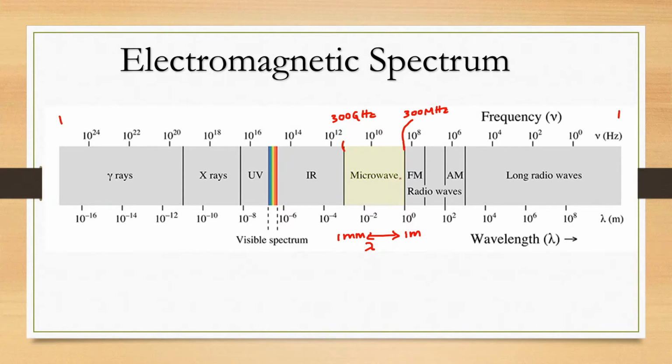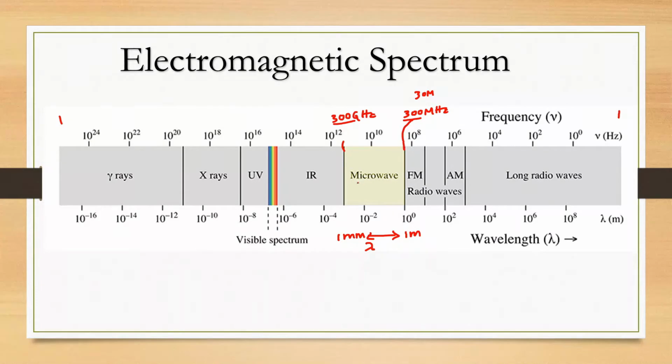This is purely for our application; we have defined these frequencies. In some applications, 30 megahertz is also considered as microwave signals. This is the range of frequencies in which the signals that exist are called microwave signals.